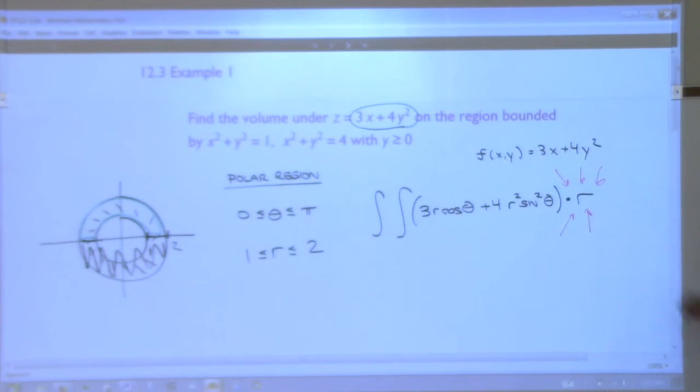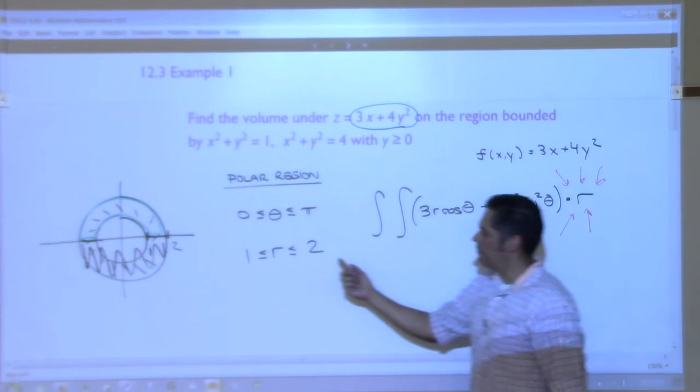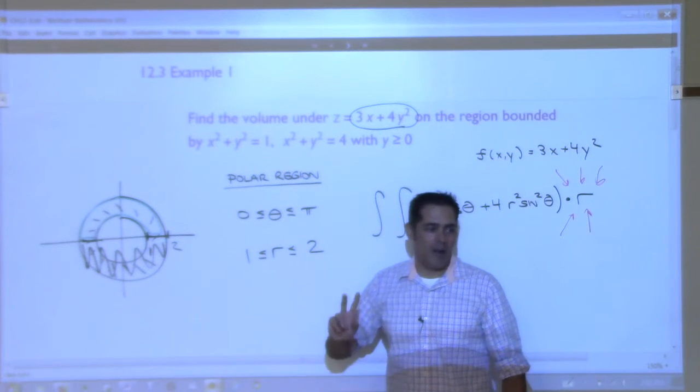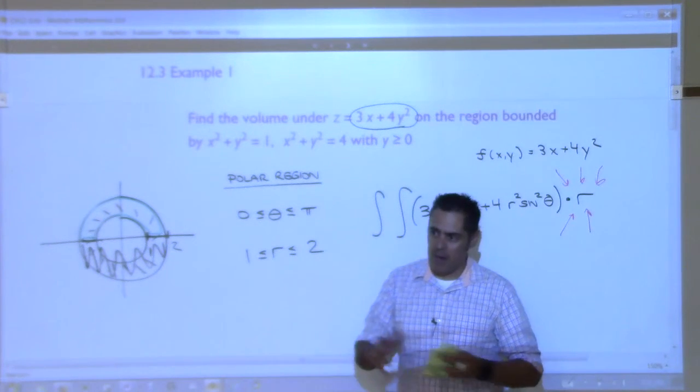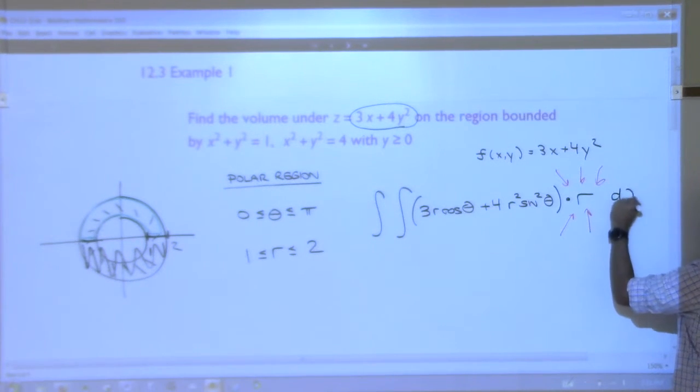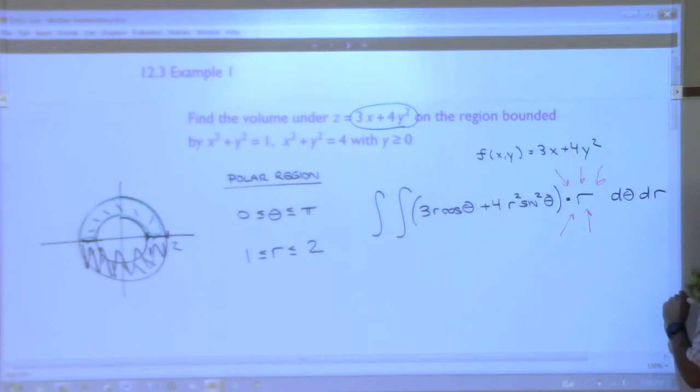Now, d theta dr or dr d theta? What do you think? Or does it matter? Look at your limits of integration. They're constants, so it doesn't matter. You just have to match them up correctly. So I can go either dr d theta or d theta dr. What do you want? D theta dr? That's fine with me. If I do it that way, then r's on the outside.